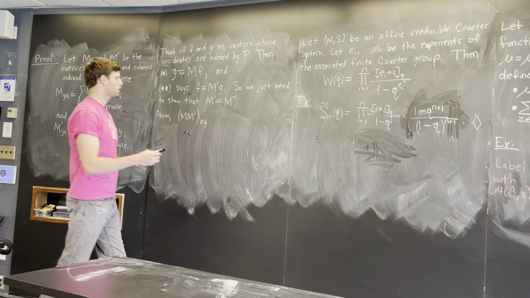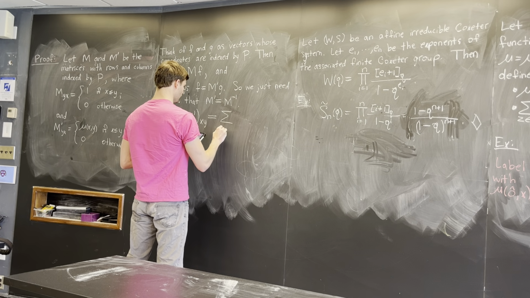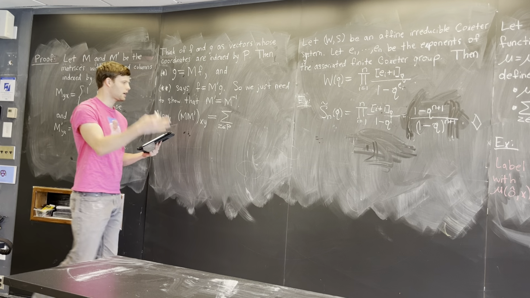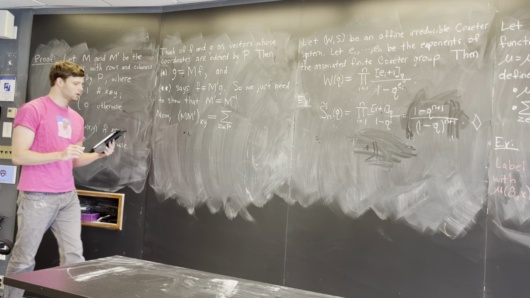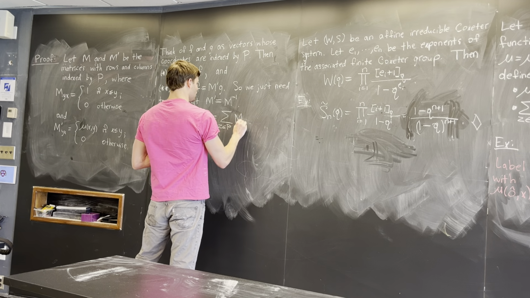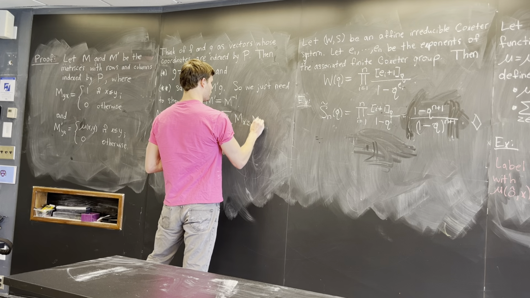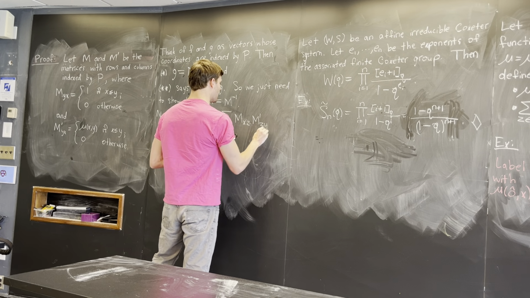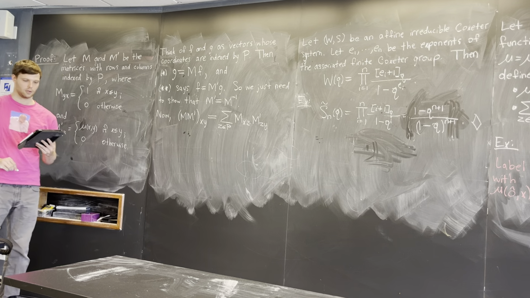If you think about how to do matrix multiplication, this is the sum over all z in P, because P is indexing the coordinates, of M sub xz times M prime sub zy. Okay? And this is just the definition of matrix multiplication.